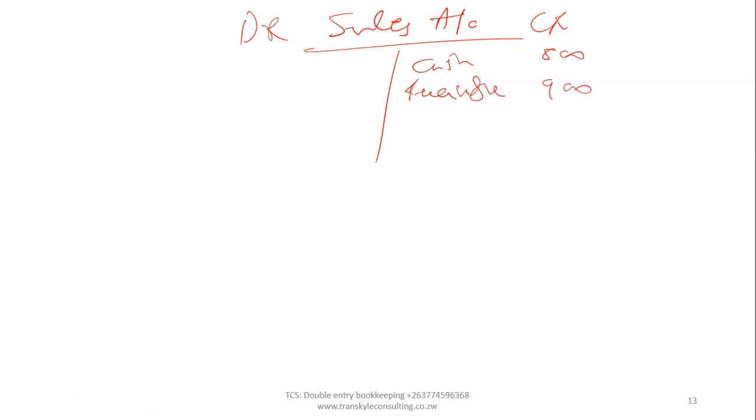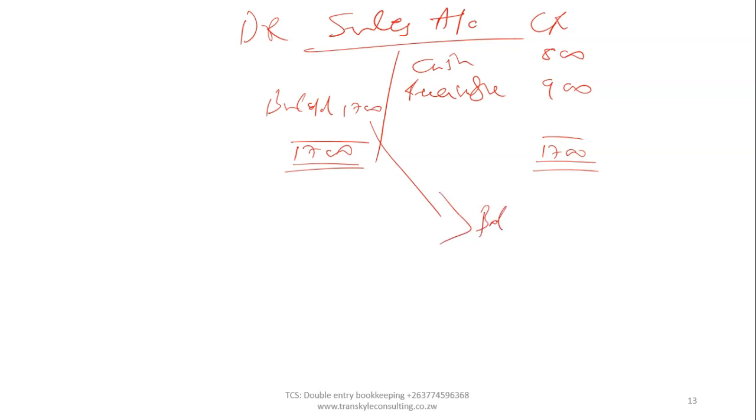900. So you just have to total up. Okay, total up as usual. That's 800 plus 900. That's 1,700 on both sides. But we are going to have a balance here, balance CD of 1,700. Okay, we should come here as balance BD or BF of 1,700.